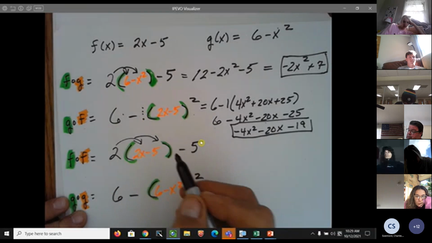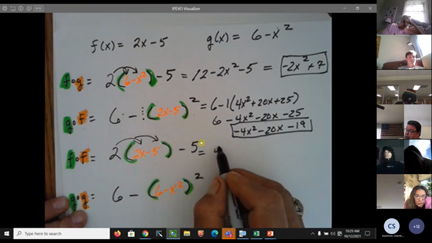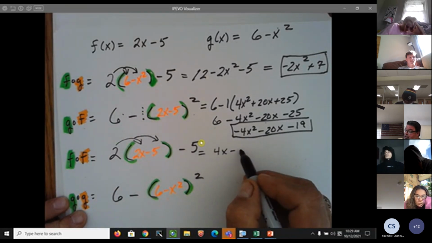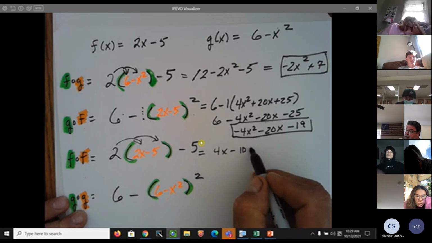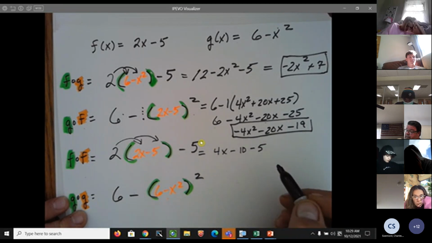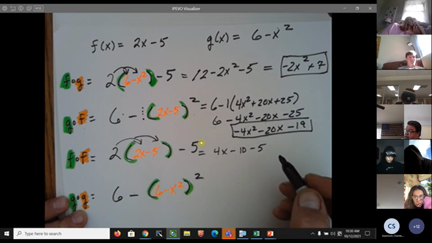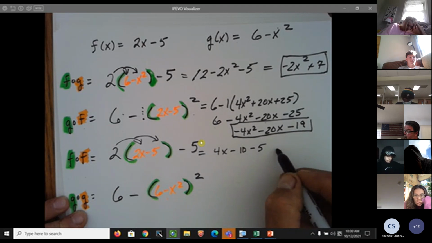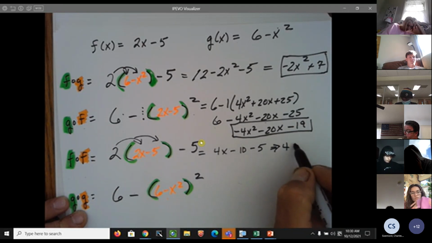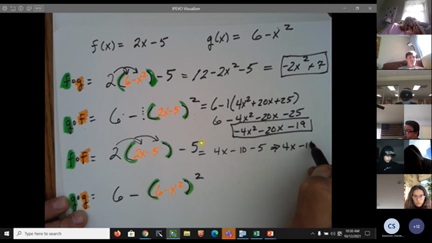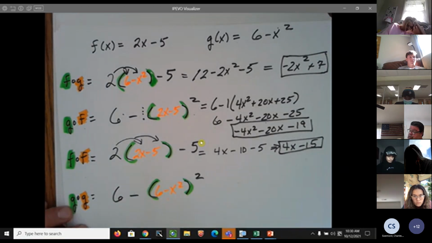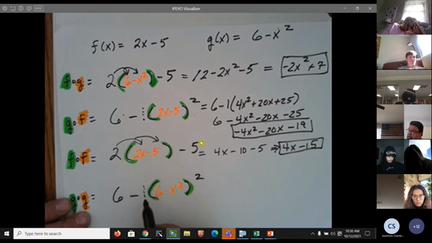Distribute here. That's going to give you 4x minus 10 minus 5. And that's going to give you 4x minus 15. And then a -1 here, but I can't distribute that -1 until I do shortcut number 2, just like up here.